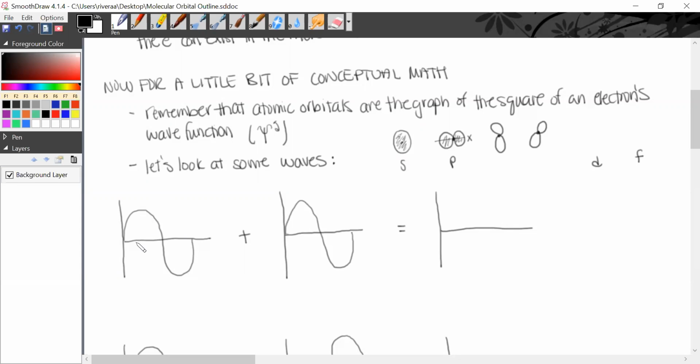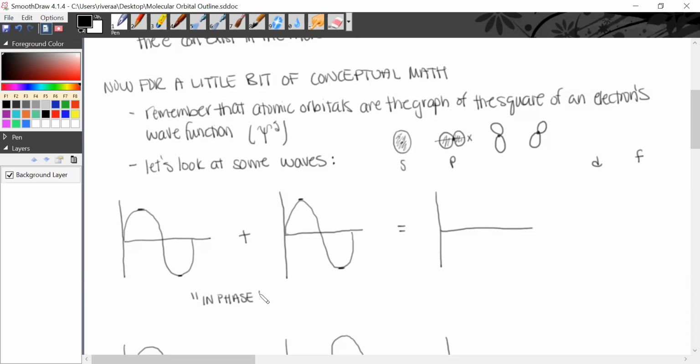So imagine that we are combining the wave function of one hydrogen 1s with the wave function of another hydrogen's 1s orbital. When you have two waves where the peak and the peak are in the same place, and the trough of the other wave are in the same place, when we add these two waves together, these waves are called in phase.